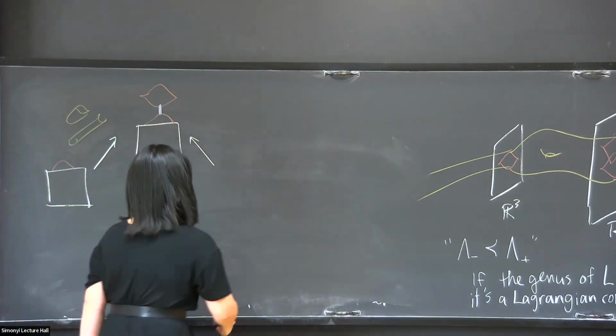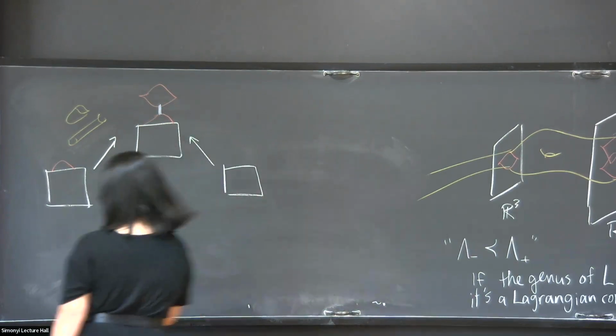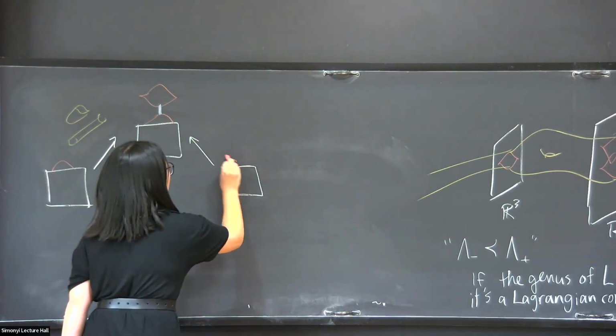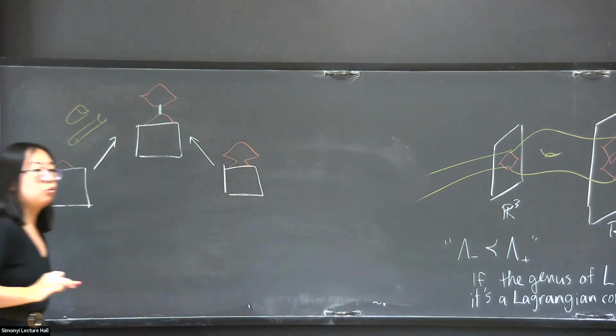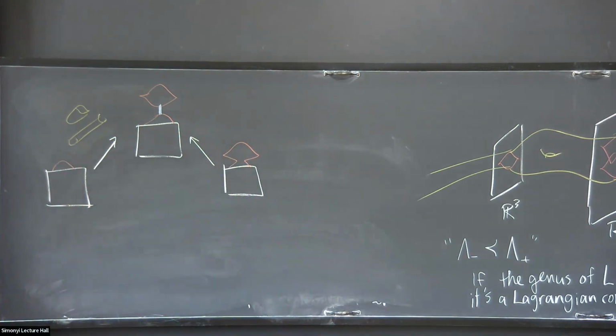So then I get down to here, which means that I can doubly stabilize and stay in the same Lagrangian concordance class. And that's bad, and that's because of the following reason.